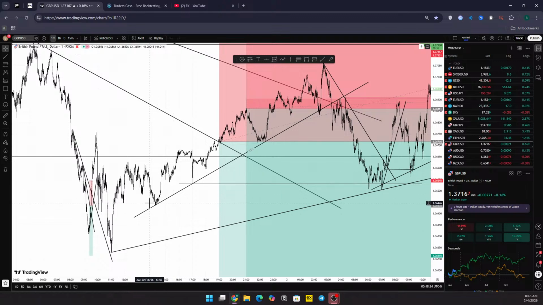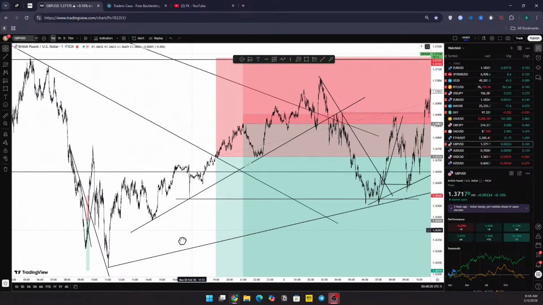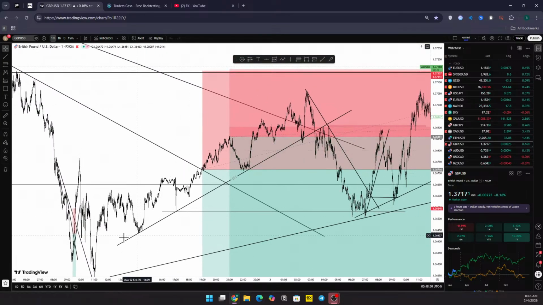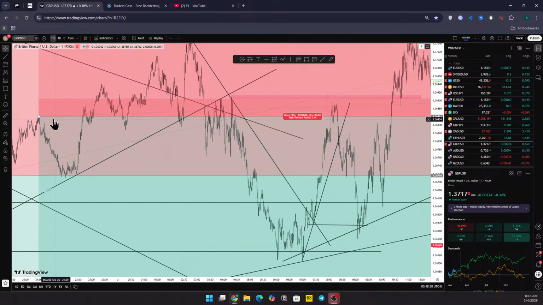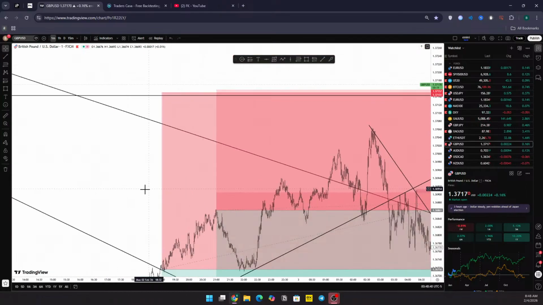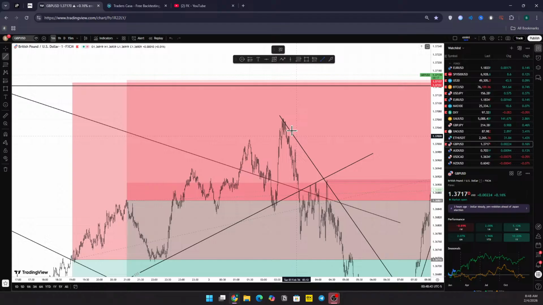What I should have done better is enter a short position if there were liquidity that the market is going to hunt. So say you underline this liquidity, and the short trade that I would still appreciate you entering is going to be right here.